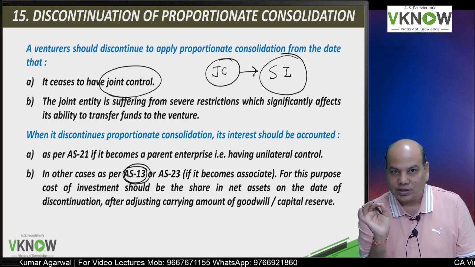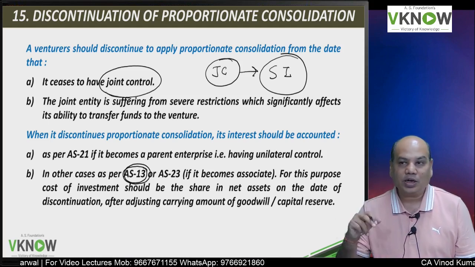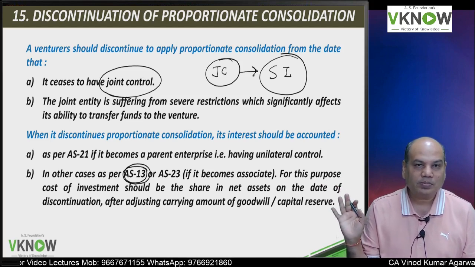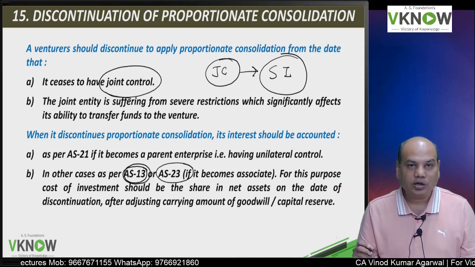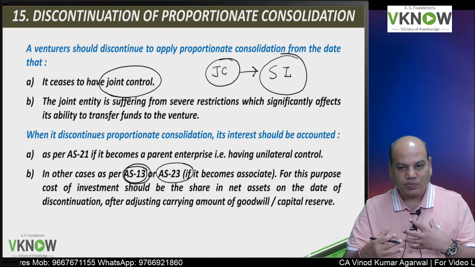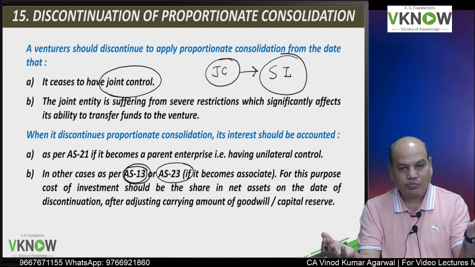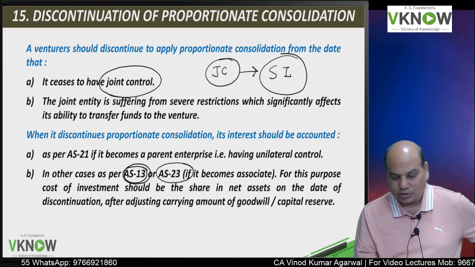But I will exercise significant influence. Wherever necessary, I can participate in the policy making process, but I don't have joint control. You will apply Accounting Standard 23. So the relationship between the investor and the other party now changes to investor and associate. You will start applying AS 23.